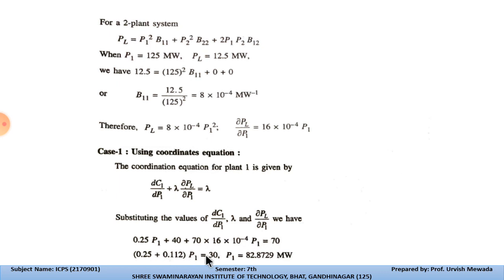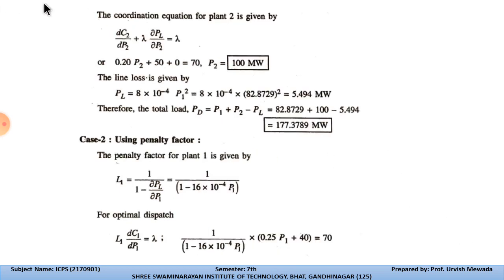After solving this we get P1 is equal to 82.8729 megawatt. And the coordination equation for plant 2 is given as this equation, the only difference is that 2 is applied here. After putting the values, the answer is P2 is equal to 100 megawatt.